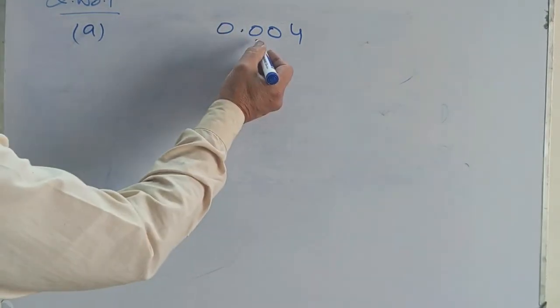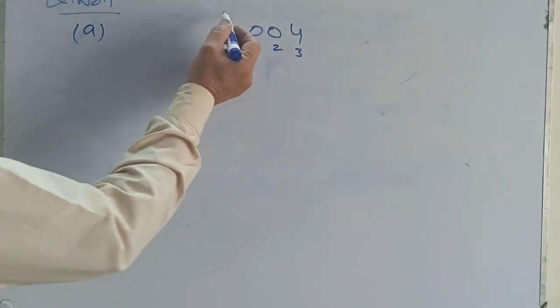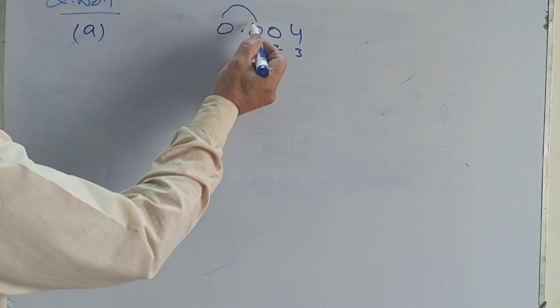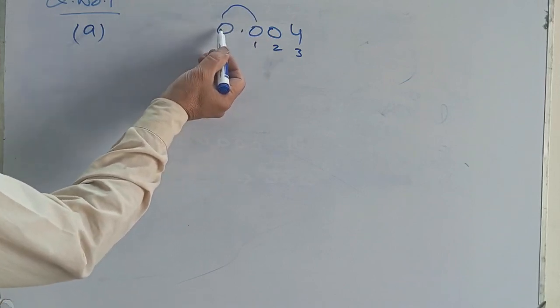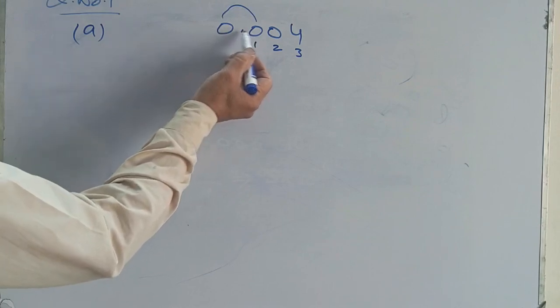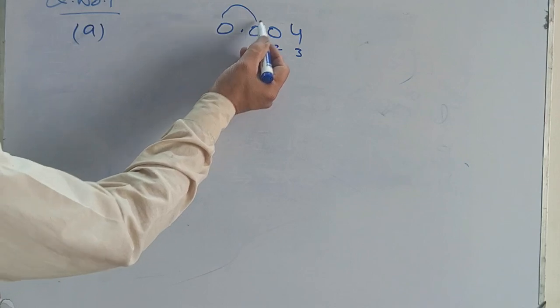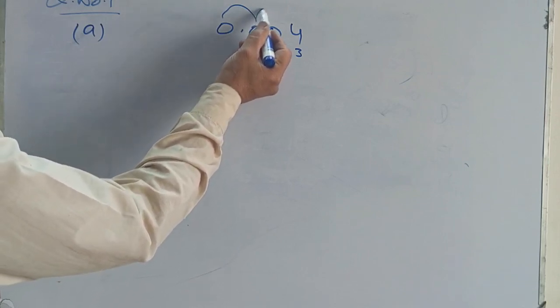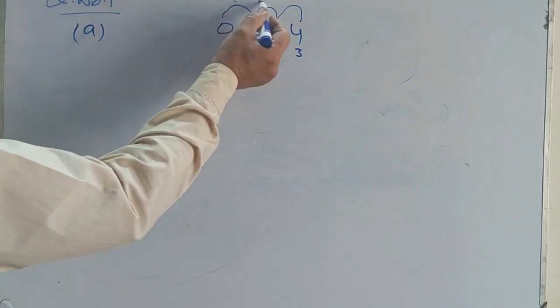And the third is the digit. If you see, 1 2 3, and if you draw waves from the 0 before the point to the 0 after the point, and from the first 0 to the second, how many waves are there?